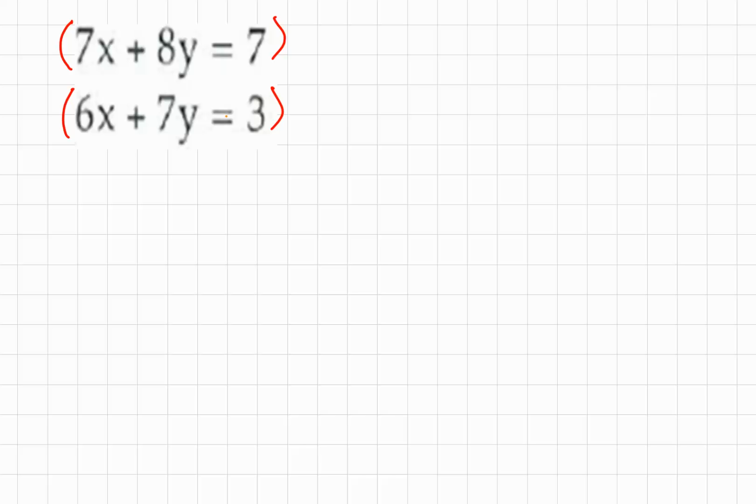And since we're looking at 7 and 6, they share a multiple of 42. So if we multiply the top by 6, 6 times 7 is 42. And if we multiply the bottom by 7, we get the same thing, 42.